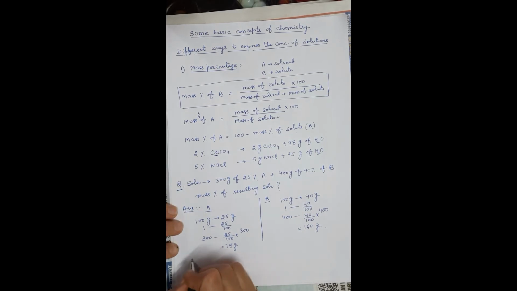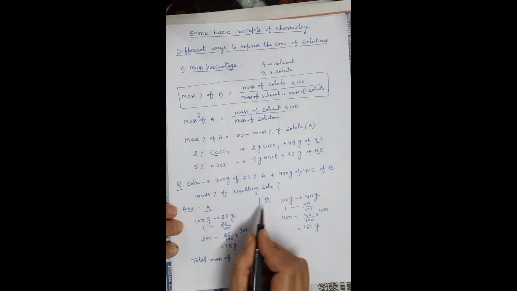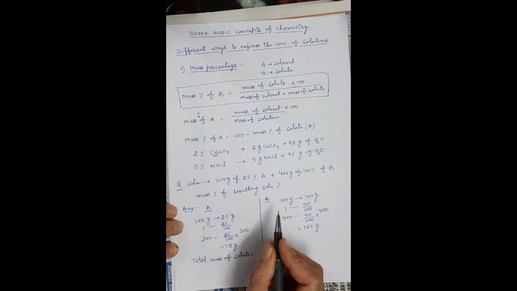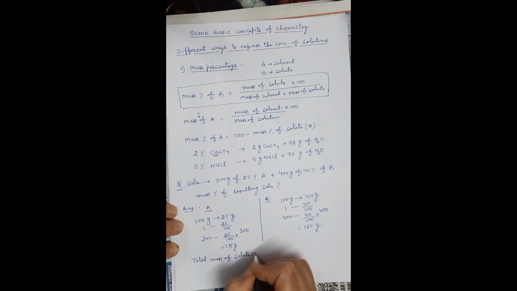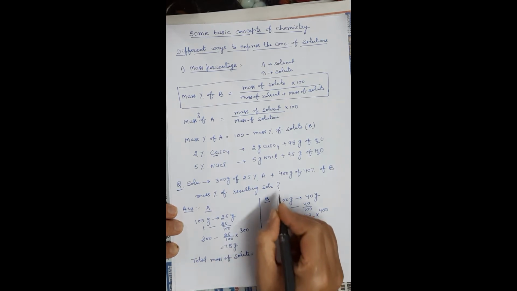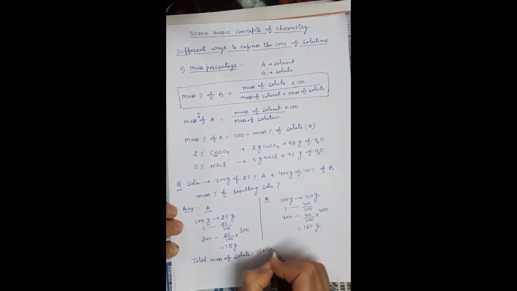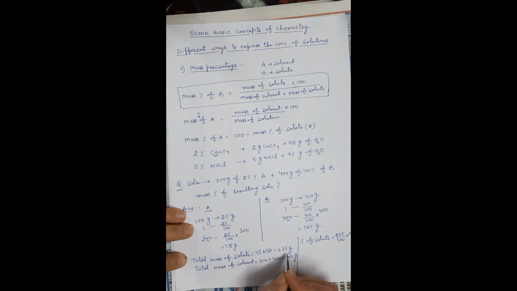Now what is total mass of solute? These are the two components A and B, and both of them are dissolved in some amount of water. So these two are solute. What is the amount of A? It is 75. What is the amount of B? It is 160. It comes out to be 235 grams. The total mass of solute is this much.